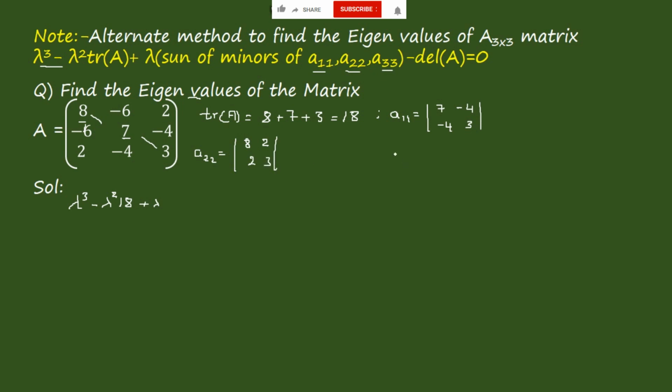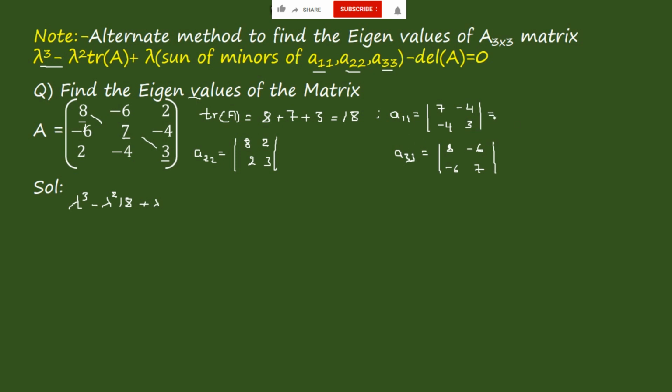Again coming to A33, which is 3, we remove the row and the column. The other elements are 8, minus 6, minus 6, 7. Now defining the determinant of each one.